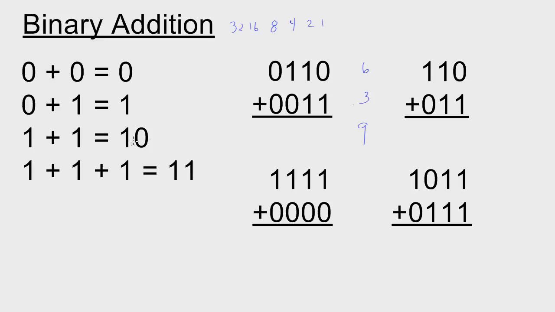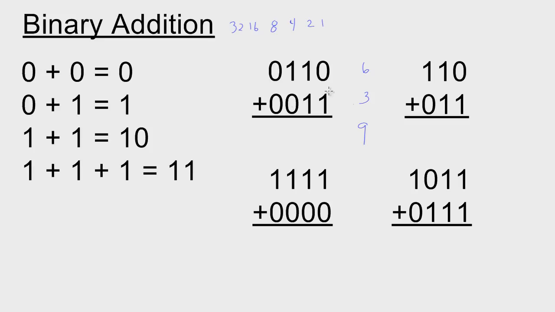Now this one here, you'll put 0 and then carry a 1. You won't just put 10 underneath where you're working. And same thing here. If you get a carry of a 1 and it goes above a 1 and a 1, you'll end up with 1 and then a carry of a 1. And I'll show you exactly what I mean when I work out these examples here.